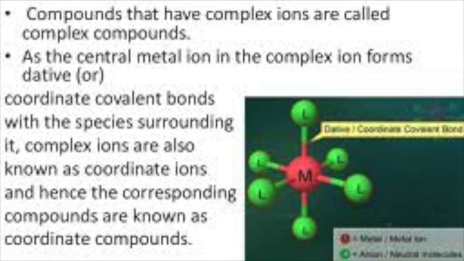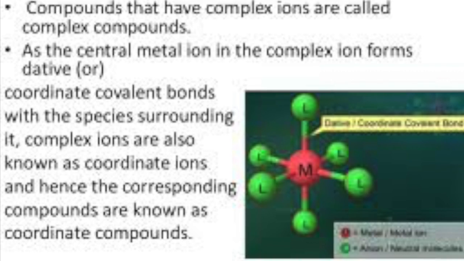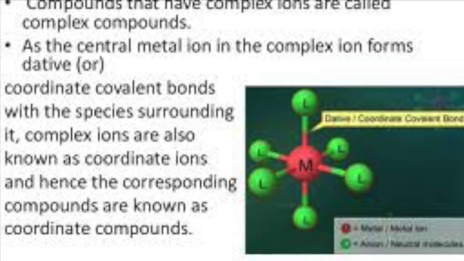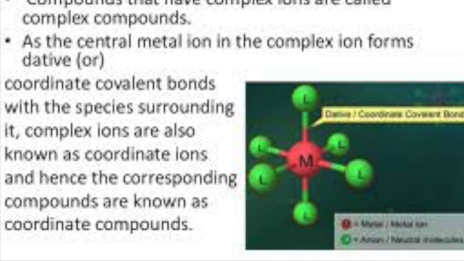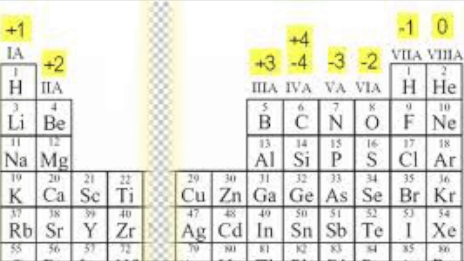But what's going to happen is, to find how to balance out all the valence electrons, you're going to need to know the charge of all of the atoms. So let's say potassium sulfate.